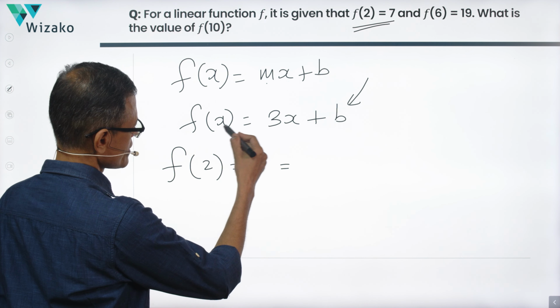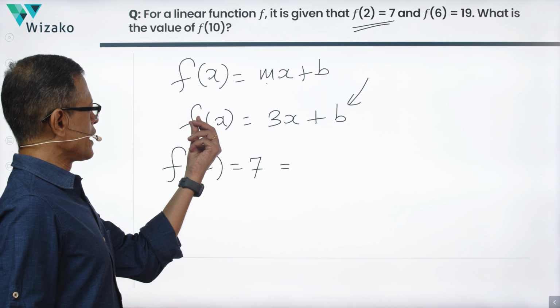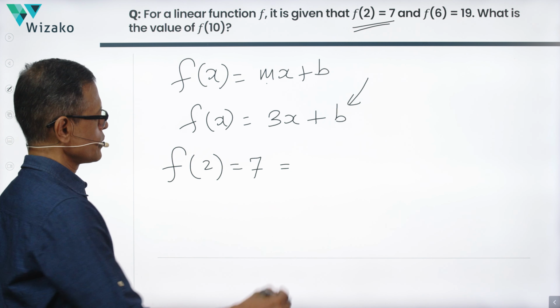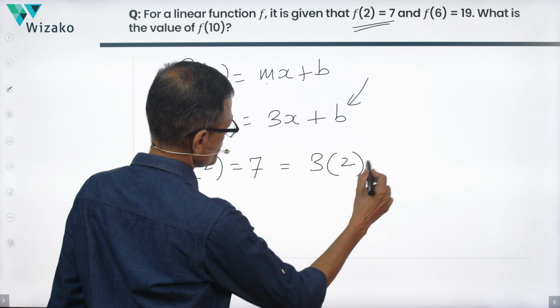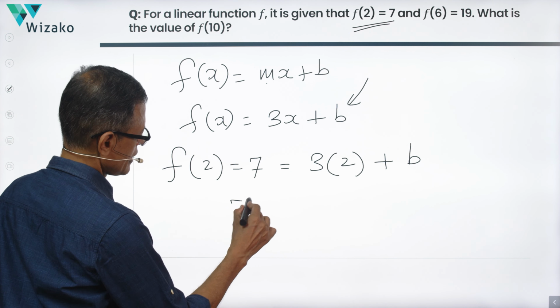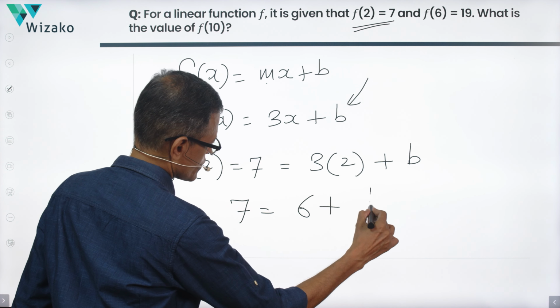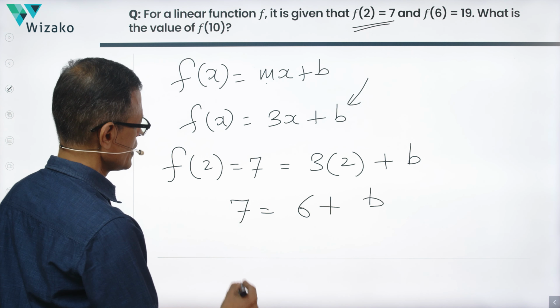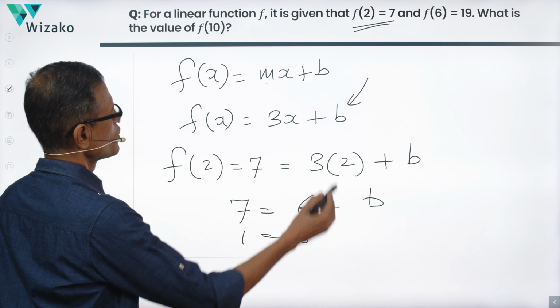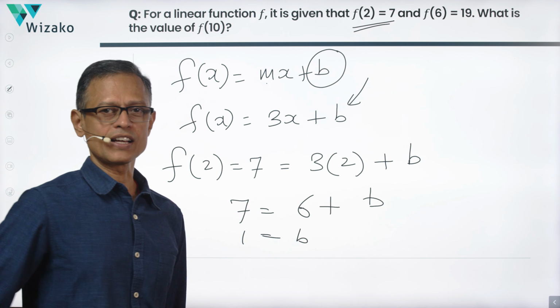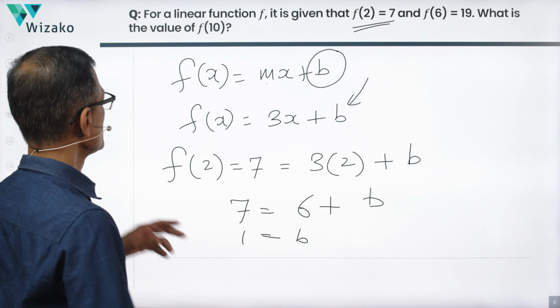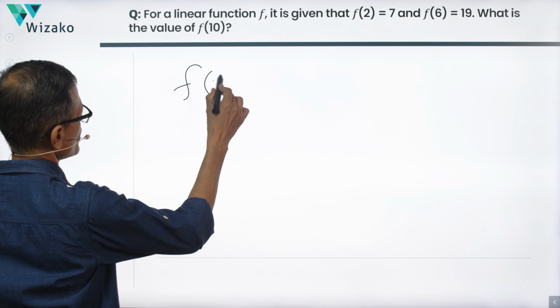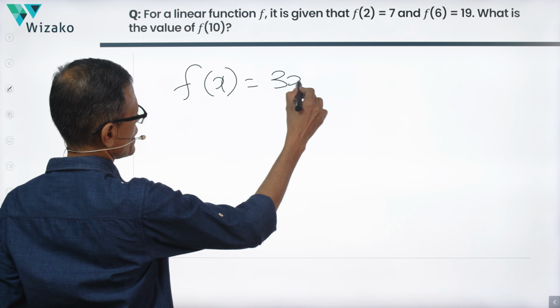We know f of x is equal to 3x plus b. So f of 2, replacing x with 2, is equal to 3 times 2 plus b. 7 is equal to 6 plus b. Subtract 6 from both sides of the equation and we get 1 is equal to b. So we have found the y-intercept as well. We know the slope, we know the y-intercept. So the function f of x is therefore equal to 3x plus 1.